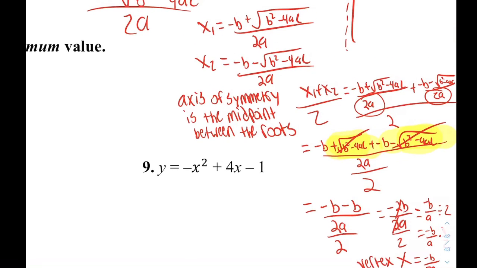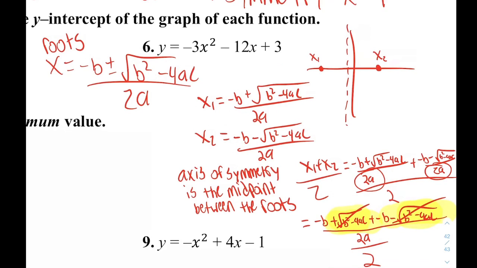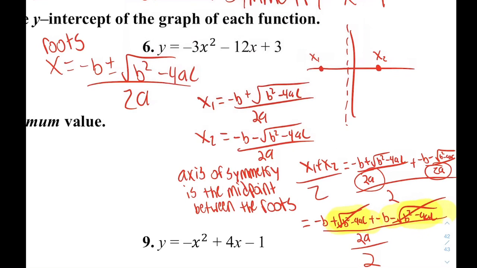That was a really long explanation for it, and this is a formula on your Algebra 1 formula chart. I just wanted you to see where it came from. It's from adding together the two roots from the quadratic formula and then dividing them by 2. So we don't need any of this work.